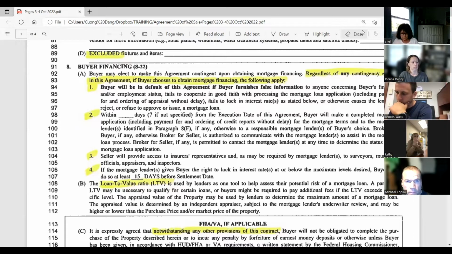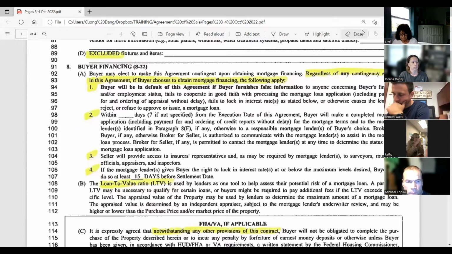So one of the agents involved in the deal is authorized to communicate with the mortgage lender to assist in the mortgage loan process. Broker for buyer, broker for seller, if any, is permitted to contact the mortgage lender at any time to determine the status of the loan application process. So number 2 is in a timely manner, apply for a loan.